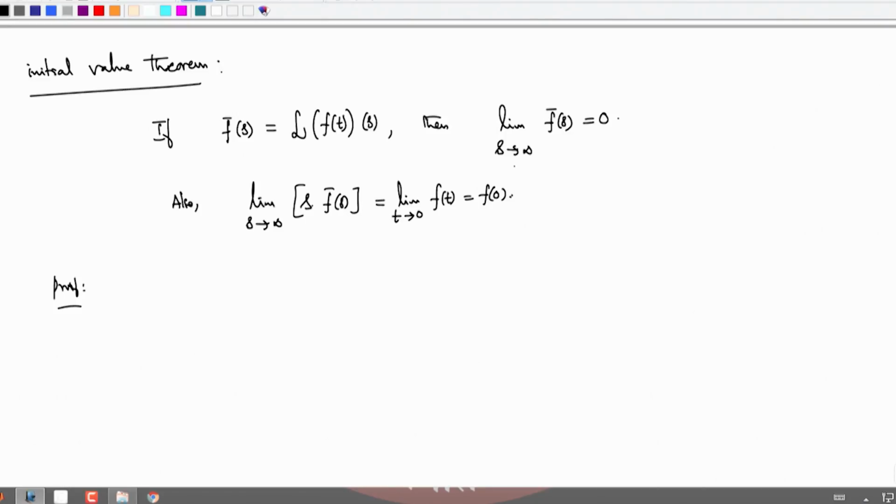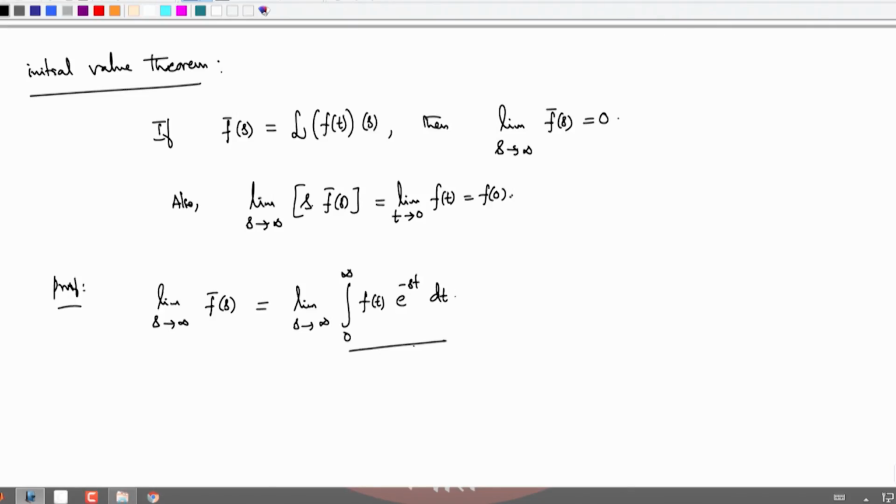To start with, we just look at this part, which is straightforward to see. Let me choose the limit as s goes to infinity of f bar of s. What is this value? By definition, it is the limit as s goes to infinity of the integral from 0 to infinity of f of t times e power minus st dt.